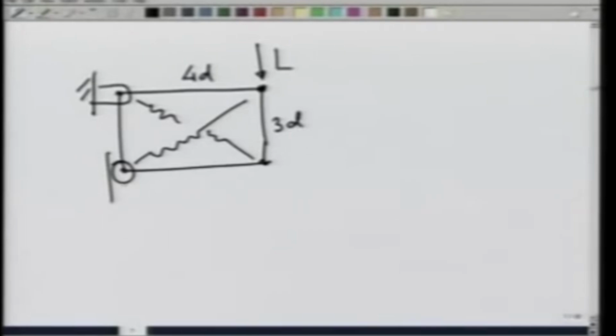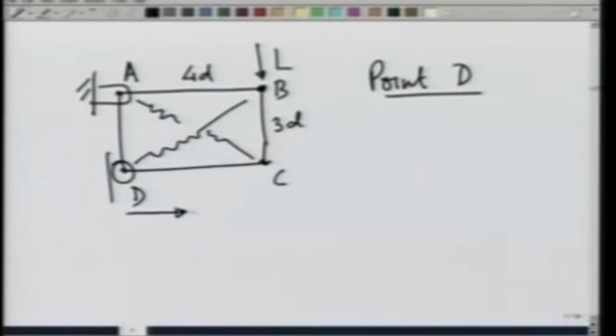This is A, B, C, D. On point D, there will be only a reaction in the horizontal direction. Let me call it ND on the entire system.